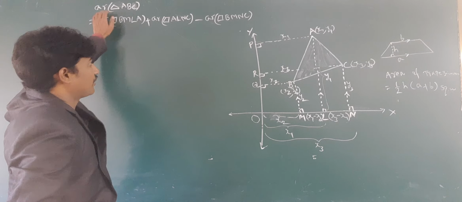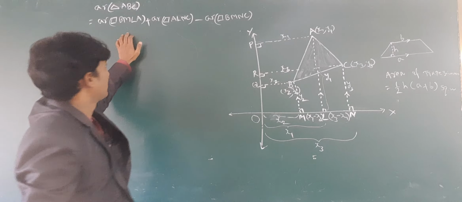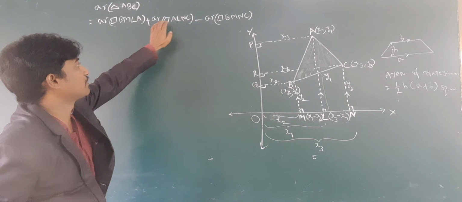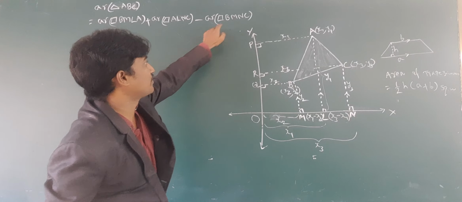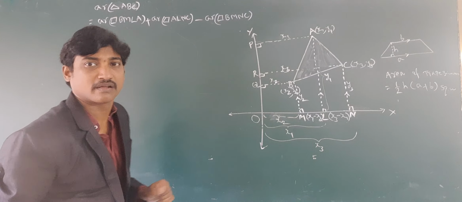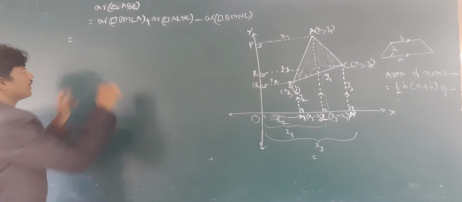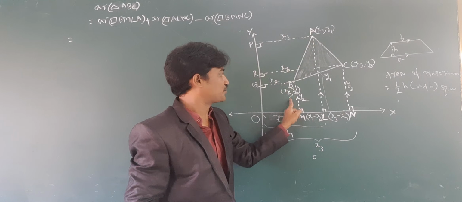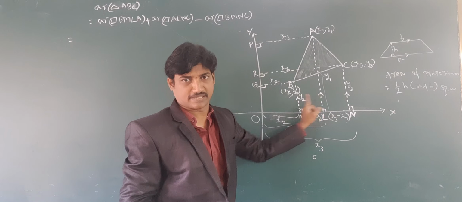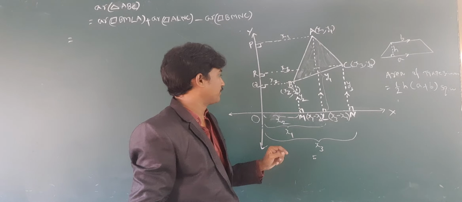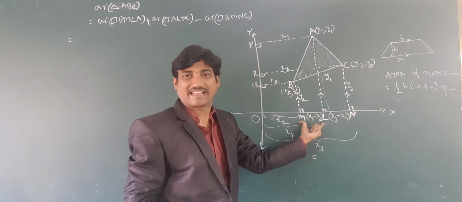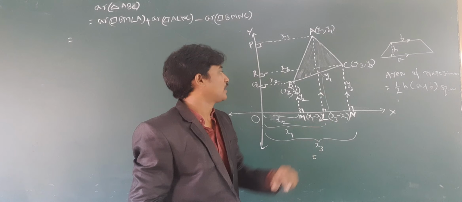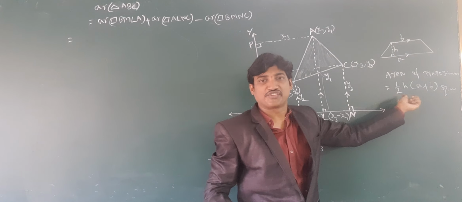Now, area of triangle ABC is equal to area of trapezium BMLA plus area of trapezium ALNC minus area of trapezium BMNC. Let us write that. For trapezium BMLA, these two are parallel sides, and ML is the distance between them. Area is half h into (a plus b).